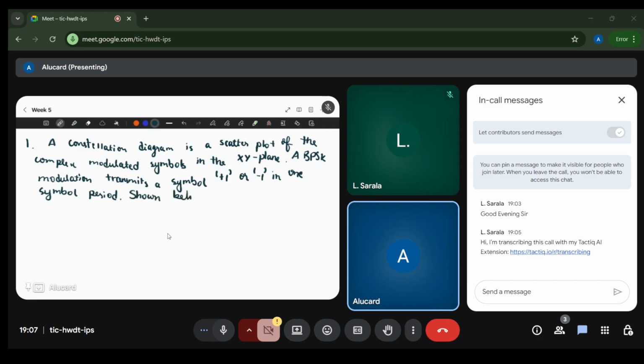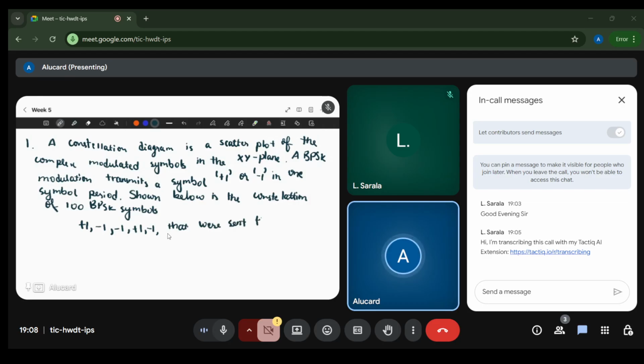Shown below is the constellation of 100 BPSK symbols. So this is the stream of symbols that was sent through the transmitter.